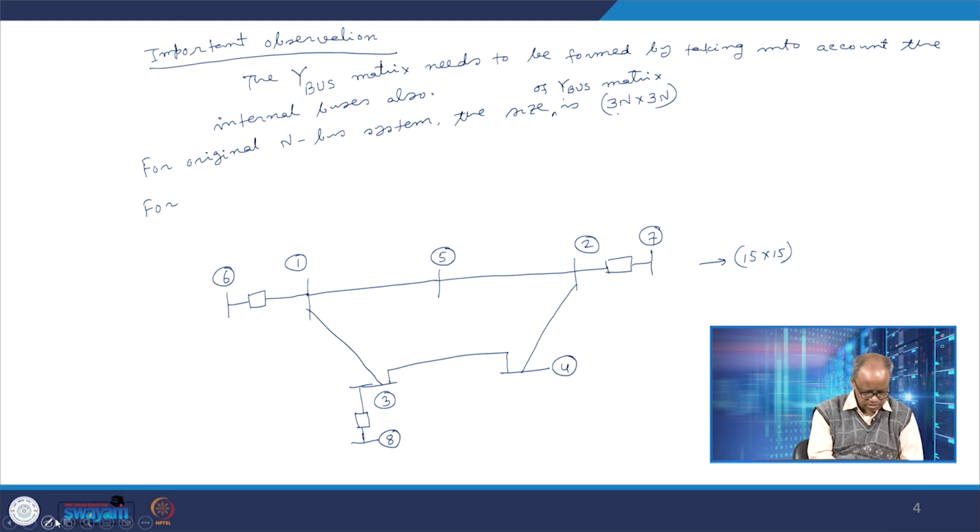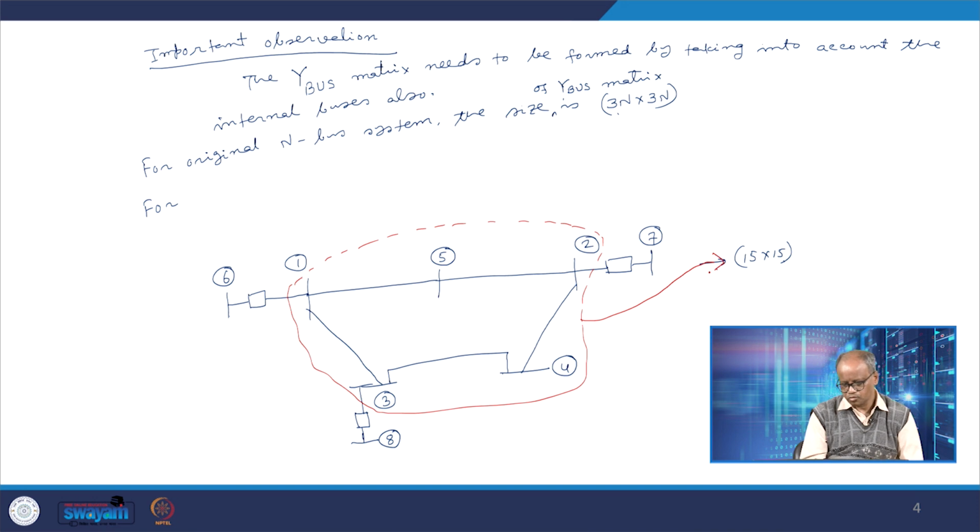My original system has got a size of 15 cross 15 Y bus matrix.